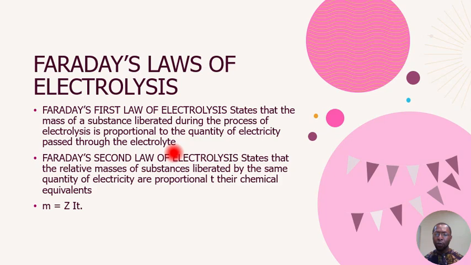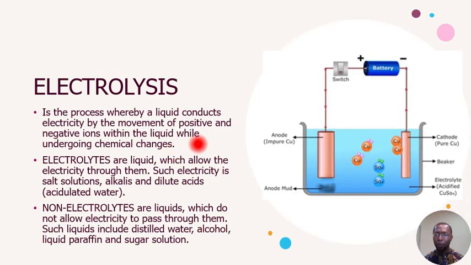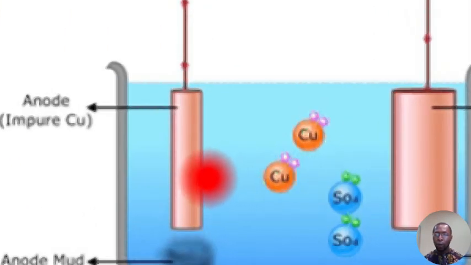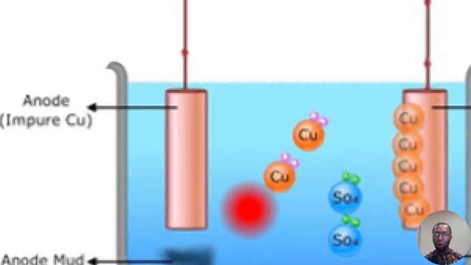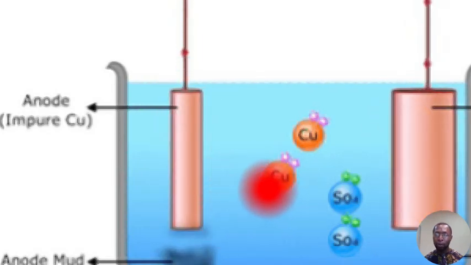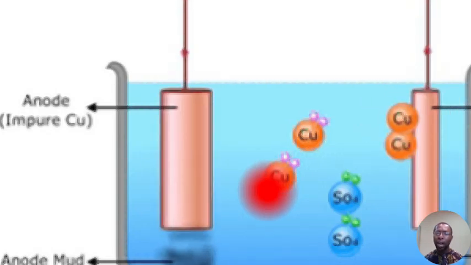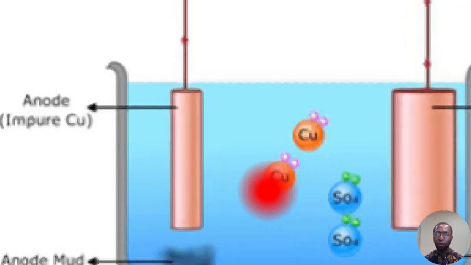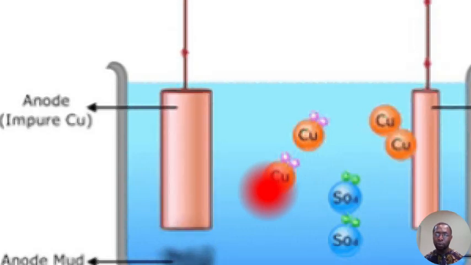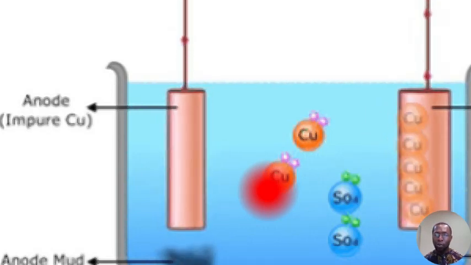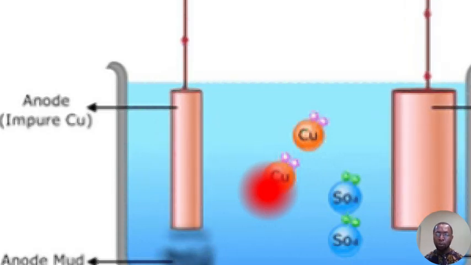If we go back to our previous diagram, you see that the copper is gradually producing some mass as a result of electricity occurring. So Faraday is saying that the amount of mass released by this electrode is dependent on the amount of electricity. In other words, the more electricity produced, the more the mass produced. That is the first law.